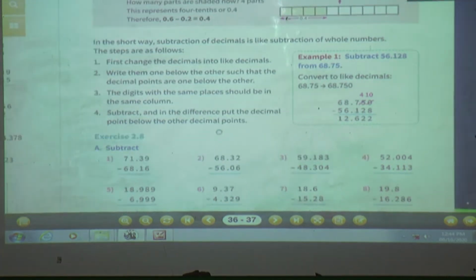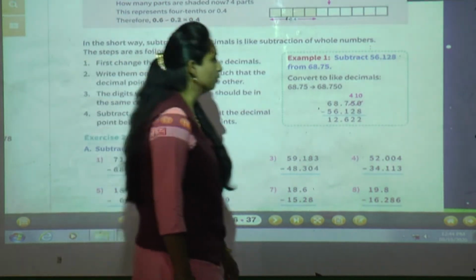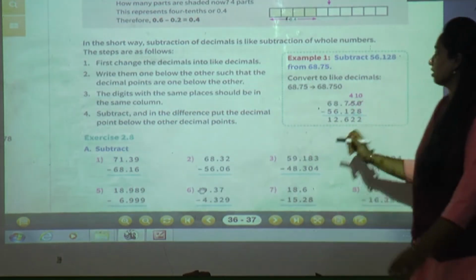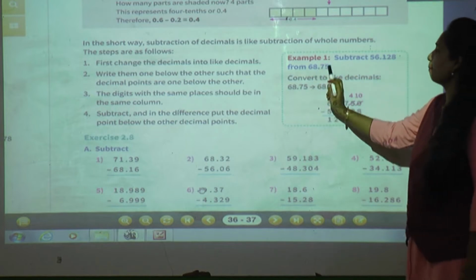Now here, see, they have given one example of how to solve the subtraction of decimals. We will see step by step. In the short way, subtraction of decimals is like subtraction of whole numbers. The steps are as follows. First, change the decimals into like decimals. Now what is the first question? 56.128, 68.75.